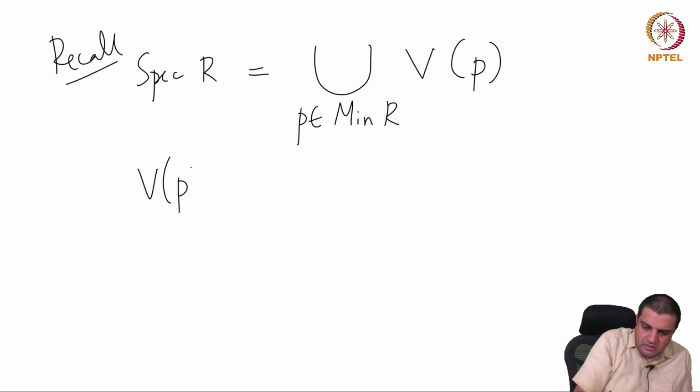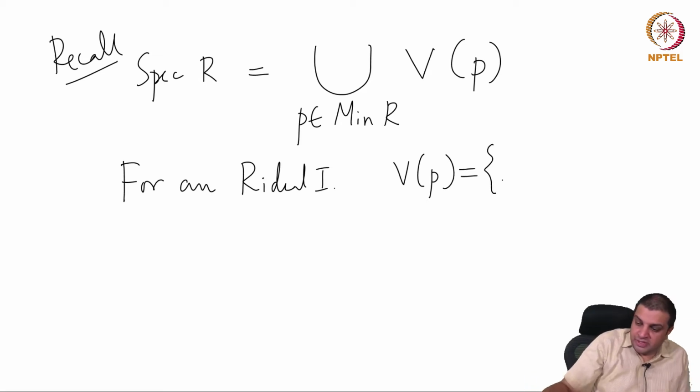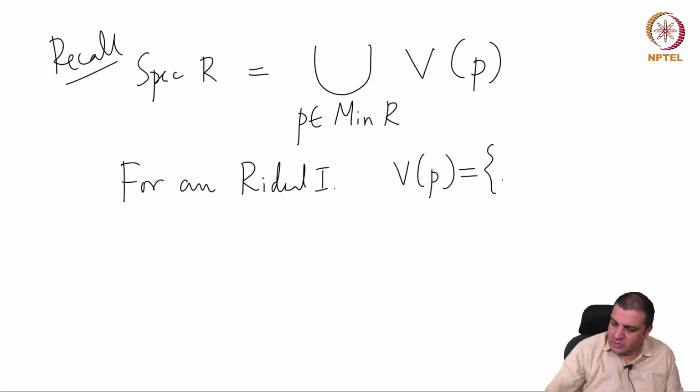V(I) means, for an ideal I of R, all the primes that contain I. This is a new notation, and we will discuss today why we shouldn't be worried too much.